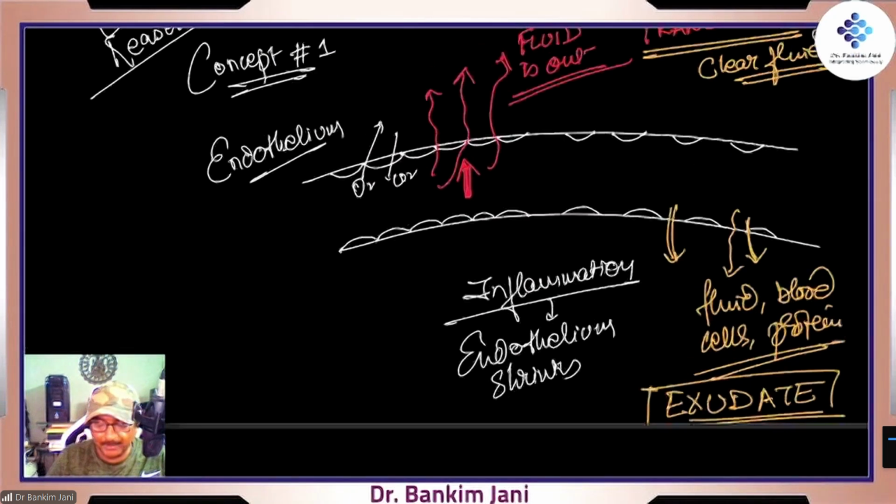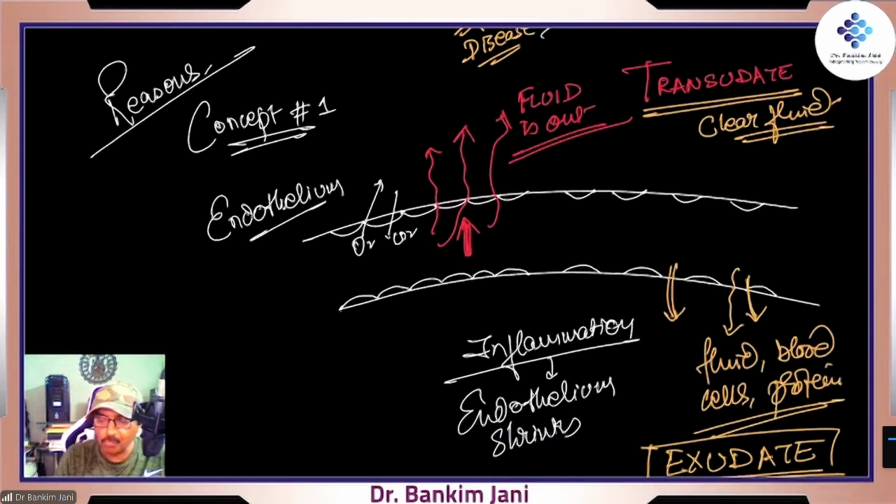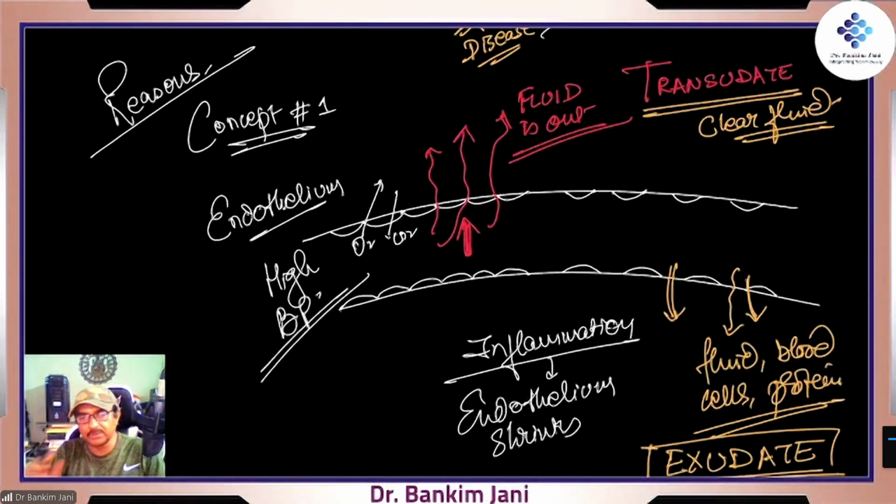So transudate can happen in high blood pressure. So think of it like that: now you have a patient who has pleural effusion. I'll show you all the X-rays, but I want you to think in this way. Let's say we don't know what the patient has got.